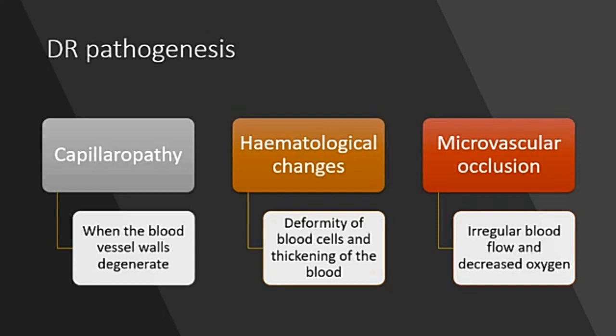These are capillaropathy, where the blood vessel walls degenerate; hematological changes, where you get deformity of blood cells and thickening of the blood; and finally microvascular occlusion, which is where you see irregular blood flow and decreased oxygen.